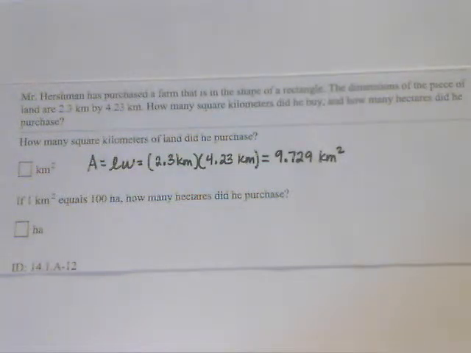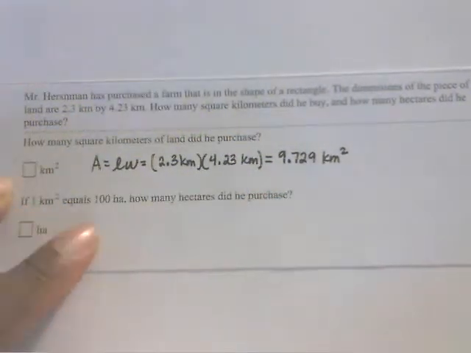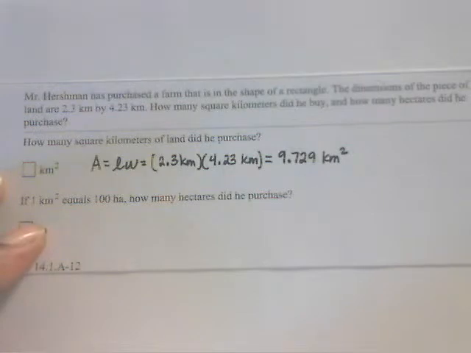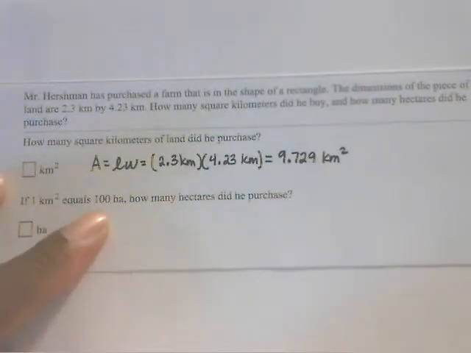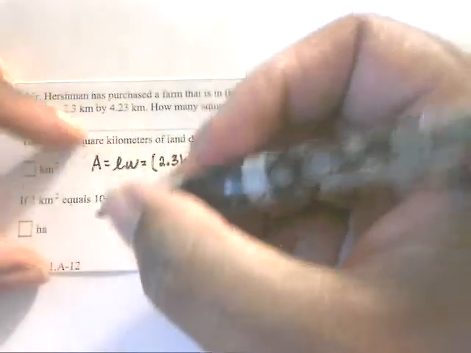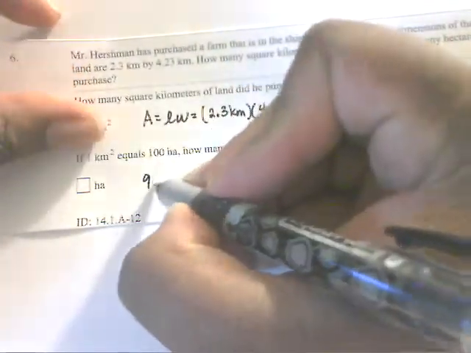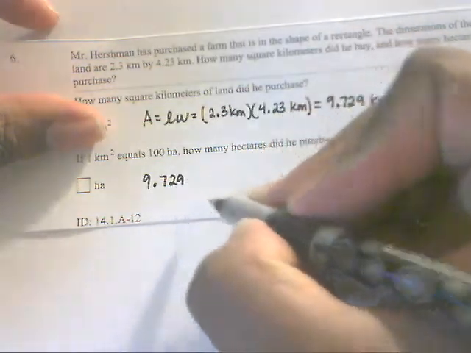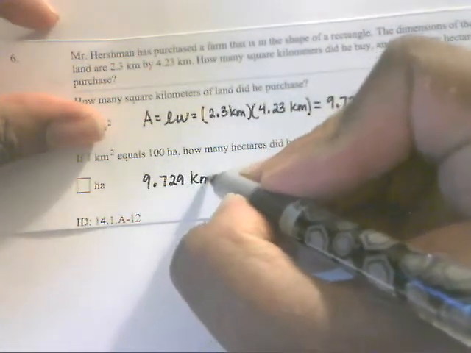Now the question is, how many hectares did he purchase if 1 square kilometer equals 100 hectares? Okay, they're telling you that 1 square kilometer is equal to 100 hectares. So we need to convert that into hectares. So here I'm going to use dimensional analysis. I'm going to write down 9.729 square kilometers.